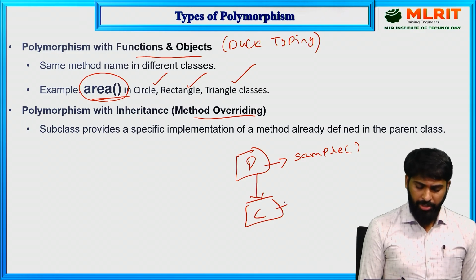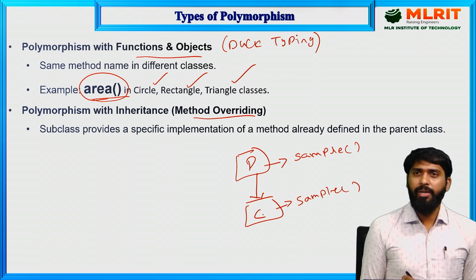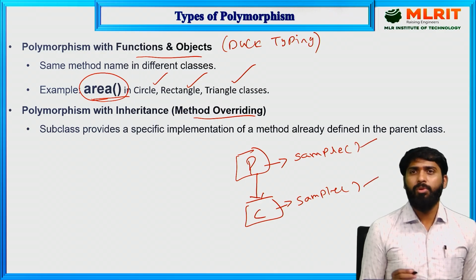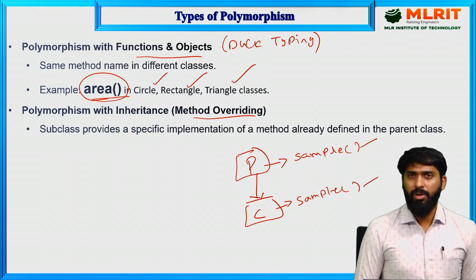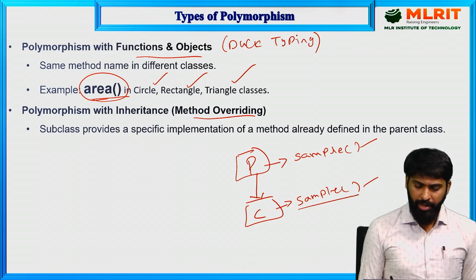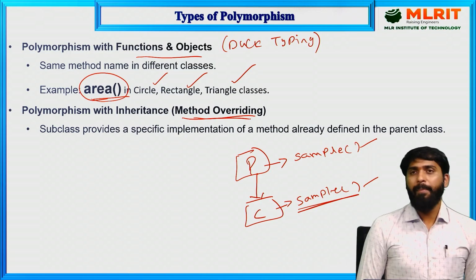Now in the child also there is a sample function. Here I define the child class with p as the parent class. Both classes have the same function, so the parent class function is overridden by the child class function. This concept we call method overriding.